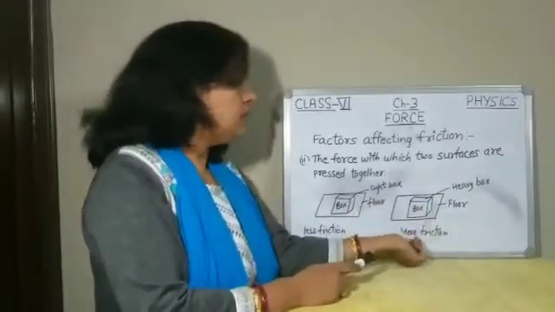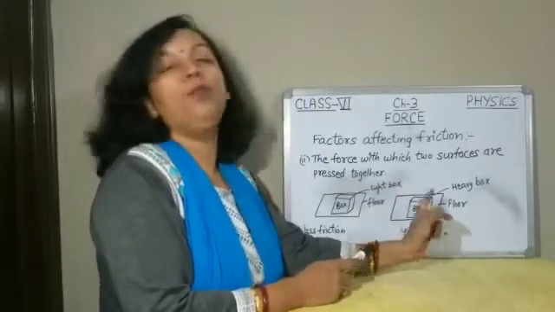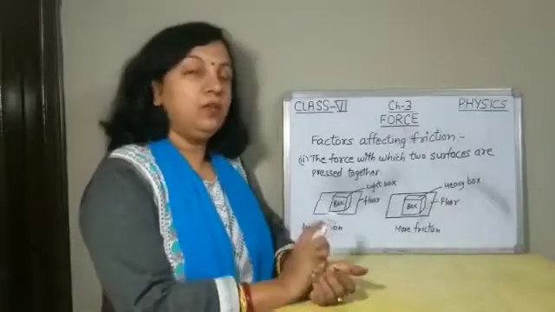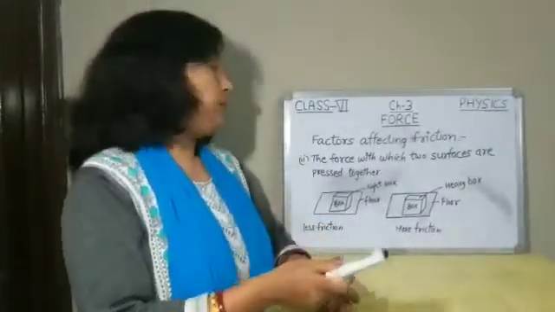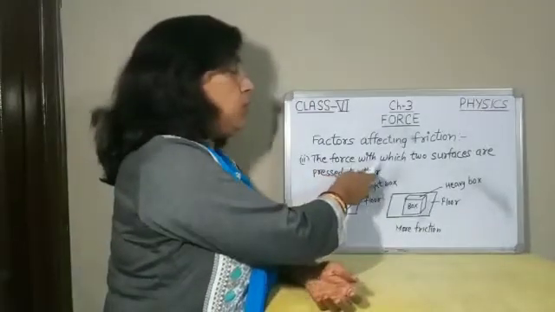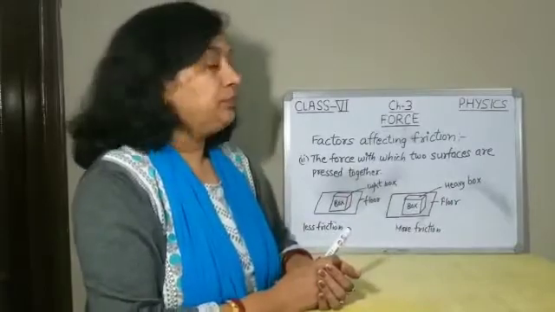That's why there is more friction between the floor and the box. So we can conclude the friction between two surfaces depends on the force with which the two surfaces are pressed together.